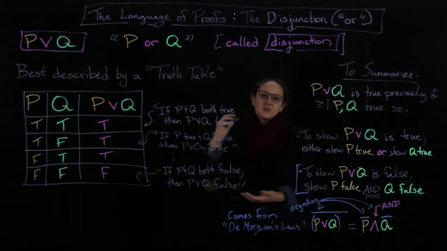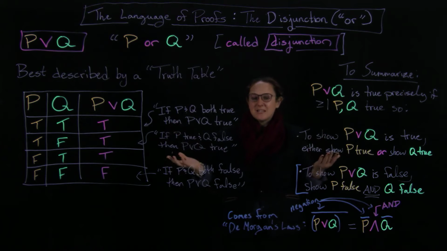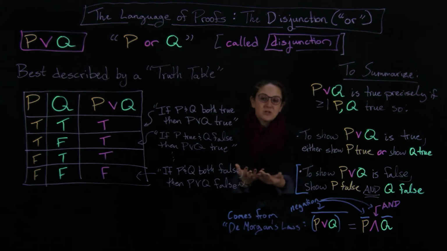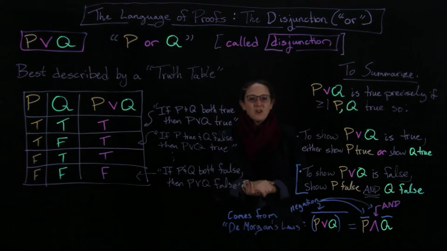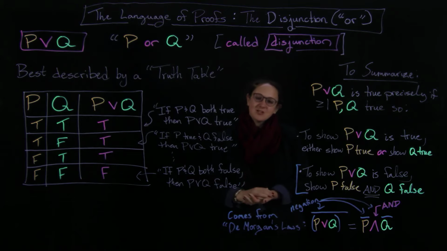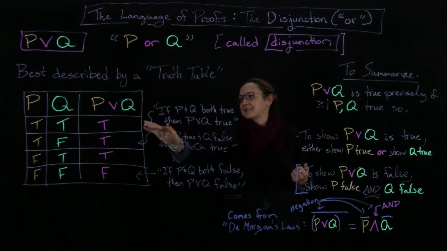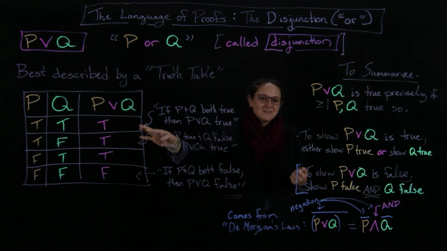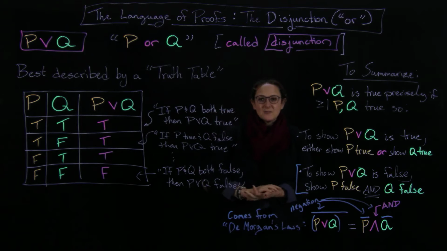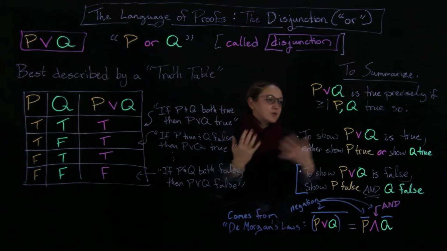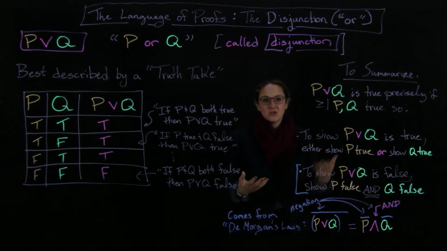So what is the disjunction P or Q? A statement P or Q is true precisely when one or more of P or Q is true. As long as one of them is true, we're great. They can both be true, which is why it's called an inclusive or. The only way for it to be false is if both are false. So to show that this is true, you just need to show that one of these is true.